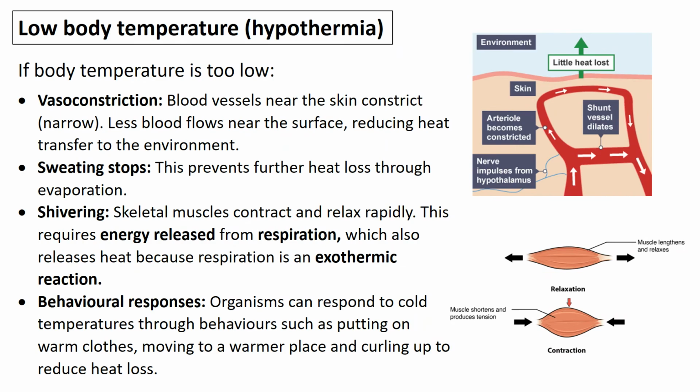That is those muscles in the blood vessels near the skin constrict, so they become thinner. This allows less blood to flow nearer the surface, so you will reduce heat loss to the environment. So that often makes your skin look pale in colour because obviously you're getting less of that blood flowing nearer the surface. You also get the sweat glands closing, so there's no heat loss through sweating.